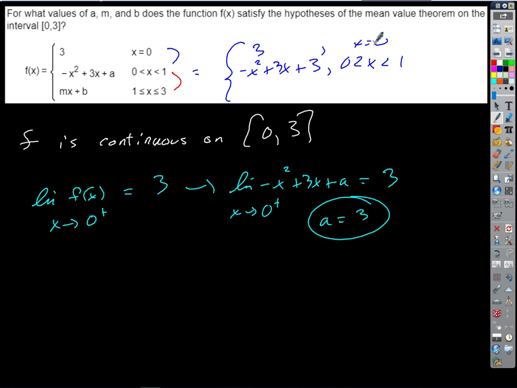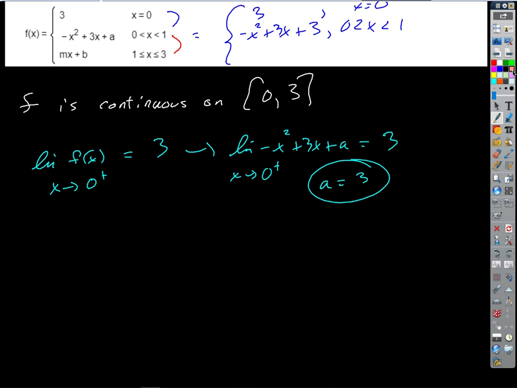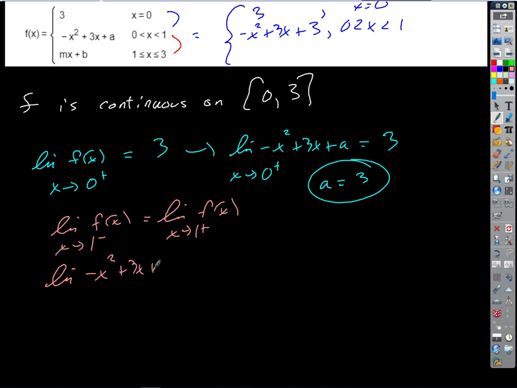Okay, what about the bottom one down here? So we know that the limit of the function as x approaches 1 from the left has to equal the limit of the function as x approaches 1 from the right, doesn't it? So that's going to be the red boundary. So if we're approaching from the left, that's going to be the middle row, right? So we get the limit of negative x squared plus 3x plus 3.